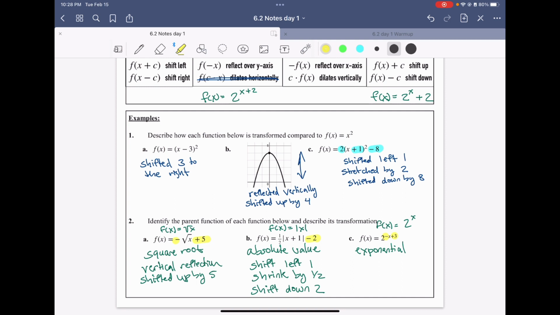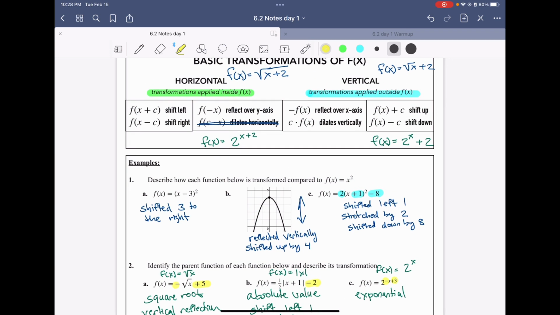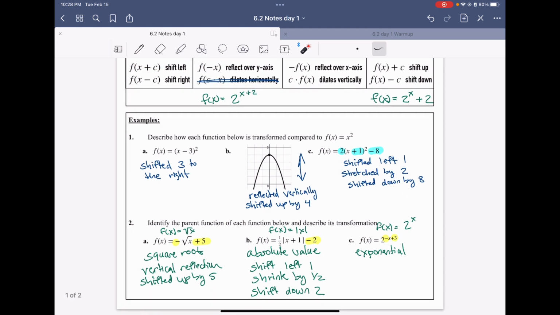And since they're happening in that exponent space, that means they're being applied inside our function, which means they're horizontal transformations. So we're going to deal with the shift first. We're going to deal with the adding first, because that's what we do first. So the adding is a shift to the left.